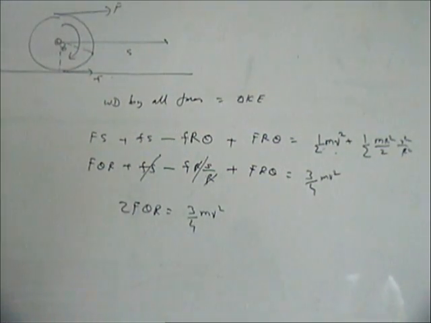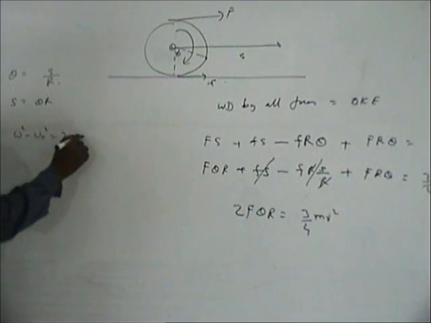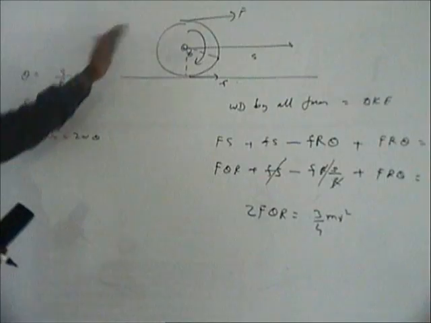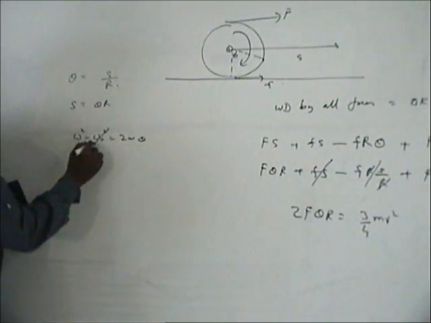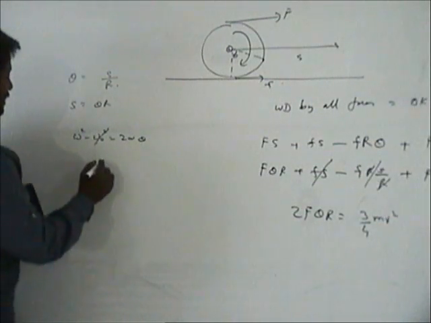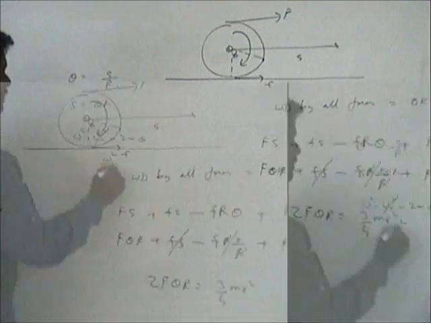Now we can write omega square minus omega naught square equals 2 alpha theta. There is an angular acceleration. Assuming that F is greater, the angular velocity is increasing. Omega naught is 0, starting from rest. So I can write theta as omega square by 2 alpha.